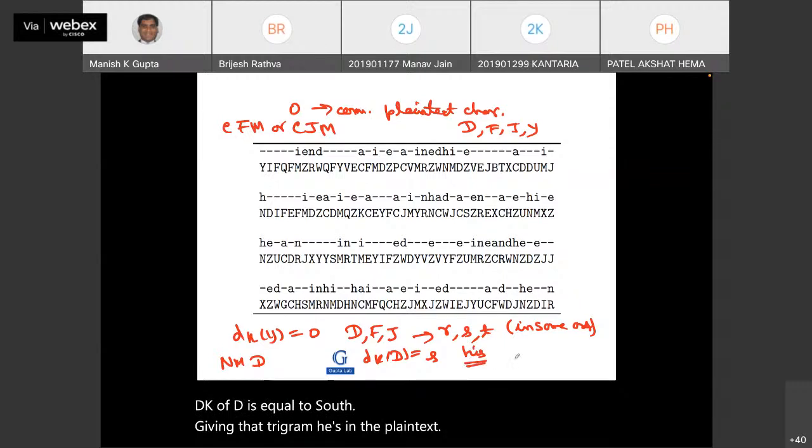This is consistent with D belonging to R, S, T.